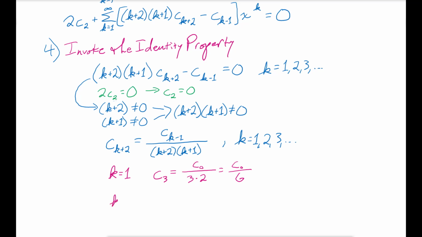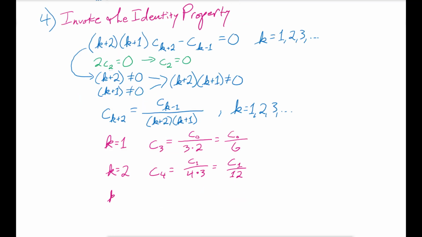If I plug in k equals 2, I'm going to get c4 equals c1 divided by 4 times 3, or c1 divided by 12. Plugging in k equals 3, I get c5 equals c2 divided by 5 times 4.